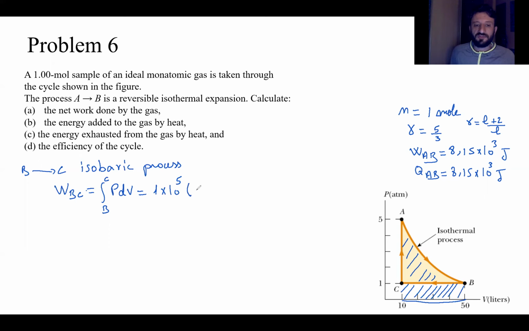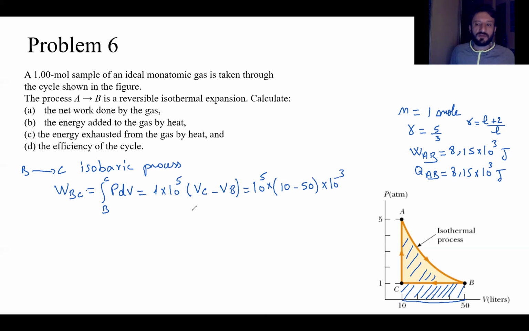V equals V final, VC minus VB, times 10 power 5 Pascal. VC minus VB equals (10 minus 50) times 10 power minus 3 to convert this value to meter cube.